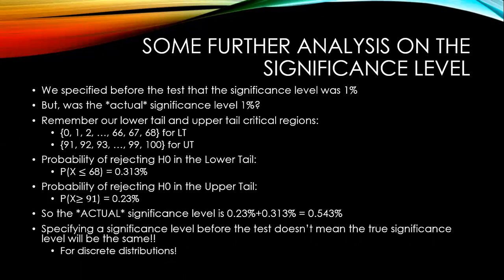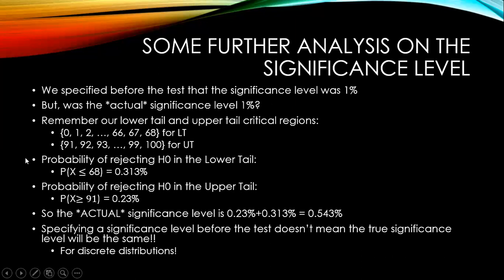So remember, a binomial distribution models discrete data. So when we've got distributions modeling discrete data, the reality is that the significance level we choose going into the test, which in this case was 1%, is not always going to be equal to the exact precise significance level, so the exact probability of rejecting H0, because with discrete distributions, the probability of obtaining a certain outcome and adding up that probability with the probability of obtaining another outcome is not going to precisely add up to 1%.